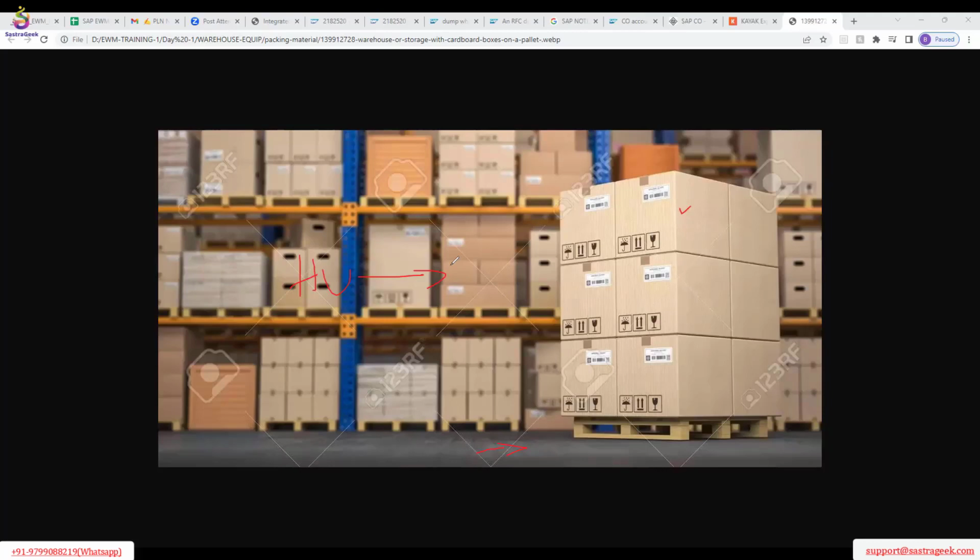For every handling unit, whenever you receive or whenever you deliver, you will put some kind of label. That is called the HU label, handling unit label. That's a unique ID, because once you create a unique HU and use it, typically we may not reuse the HUs.